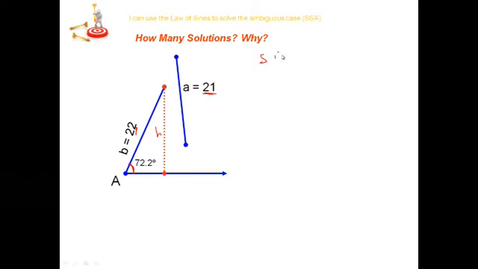So I get the sine of 72.2 equals h over 22. 22 sine of 72.2 is going to equal h.